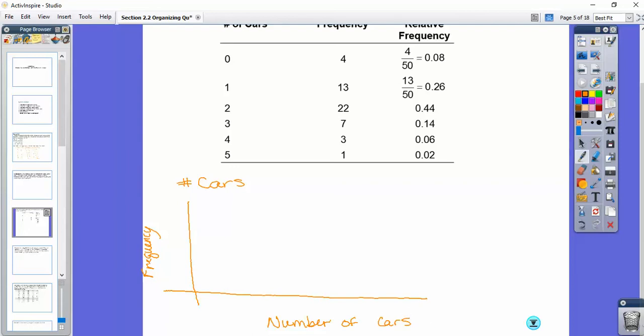When I looked at my number of cars, was that discrete or continuous data? That was discrete. We listed them out. So if it's discrete, we can just list them here, space it evenly.